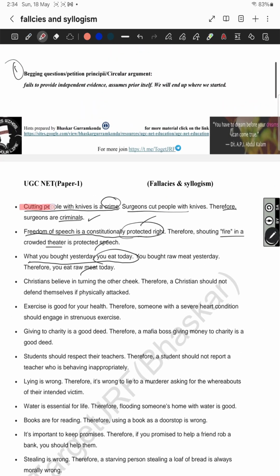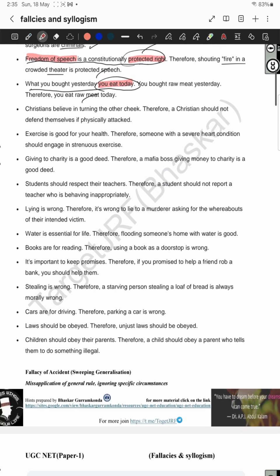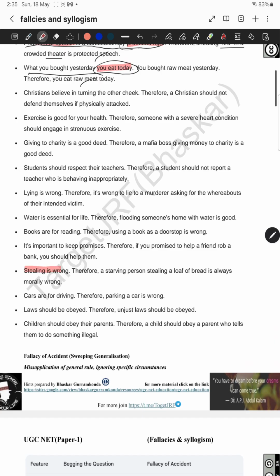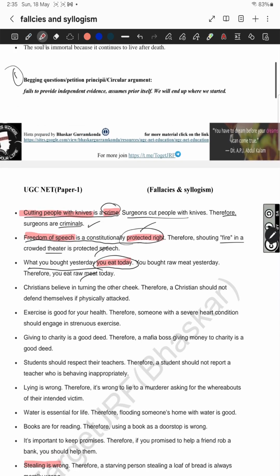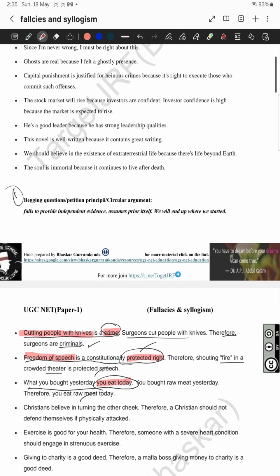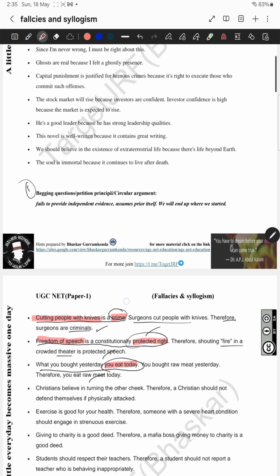Now here also you can see, cutting people with knives is a crime. We are already saying it is a crime. Freedom of speech is a constitutionally protected right. What you bought yesterday, you ate today. Stealing is wrong. So like this, they assume in the premise itself. But here if you observe the examples, it is not the same as the begging the question example.